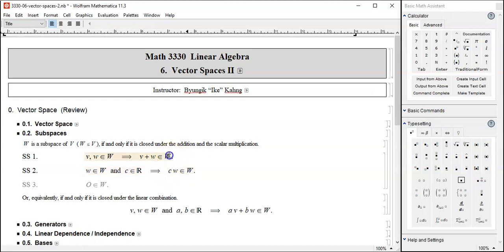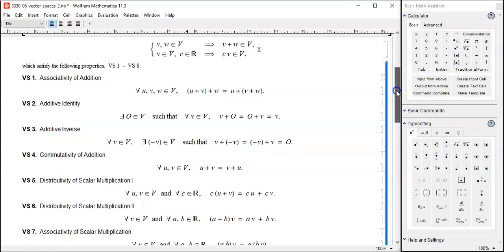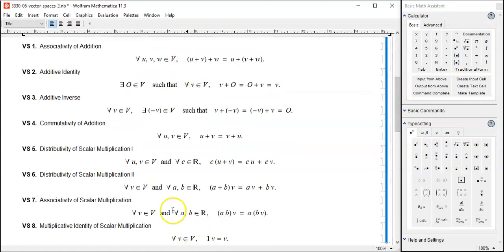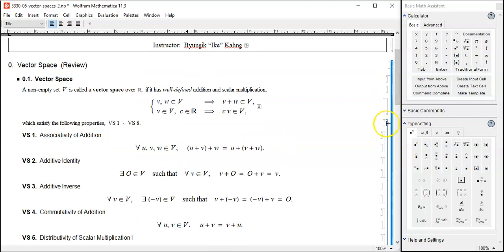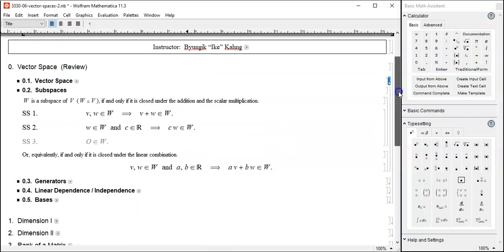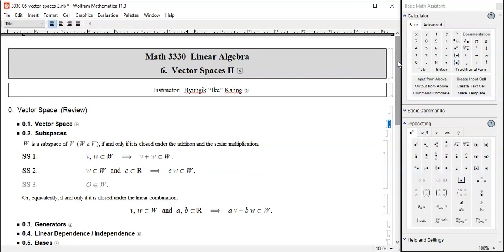It turns out that these two are enough because all the members of W, being the member of V as well, must automatically satisfy all these rules. So therefore, no reason to check all the 8 rules. All you have to do are these two.